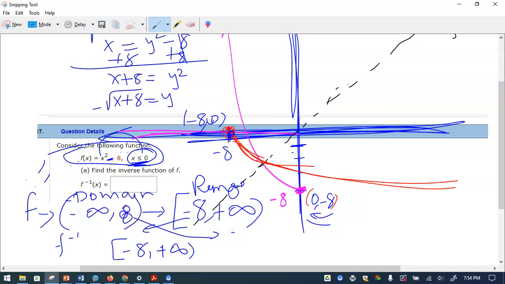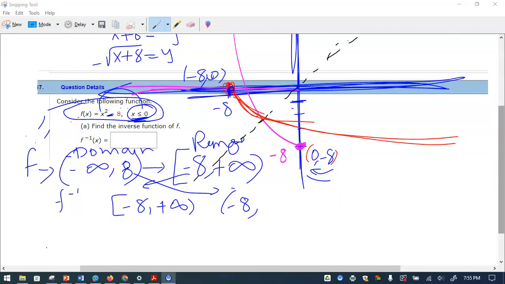Sorry, minus infinity all the way to 8. Wait, did I make a mistake? I think I messed up here again. This should be 0 here. Let me put a black color.